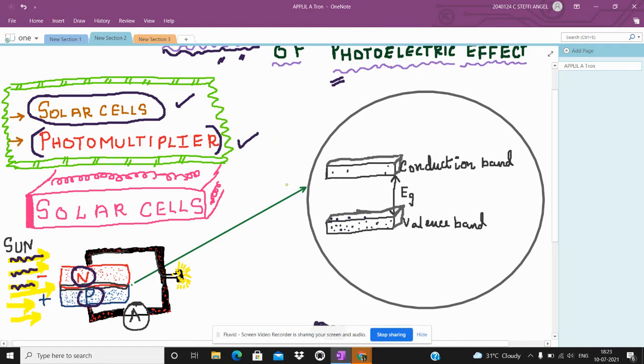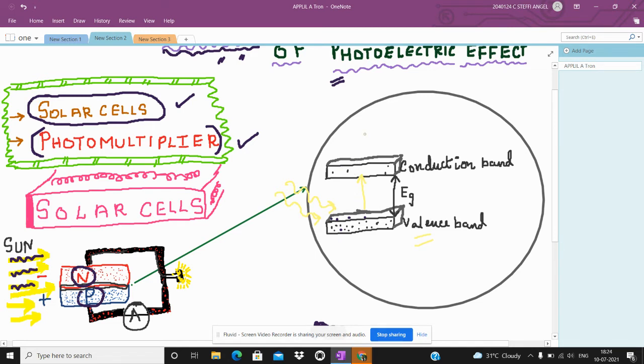When light strikes these electrons in the atom, which are in the valence band, they jump to the conduction band, only if they have enough energy.